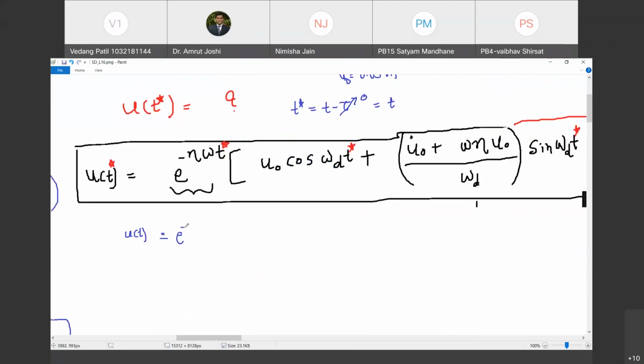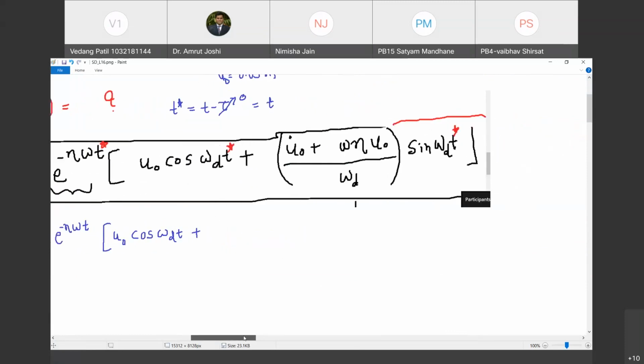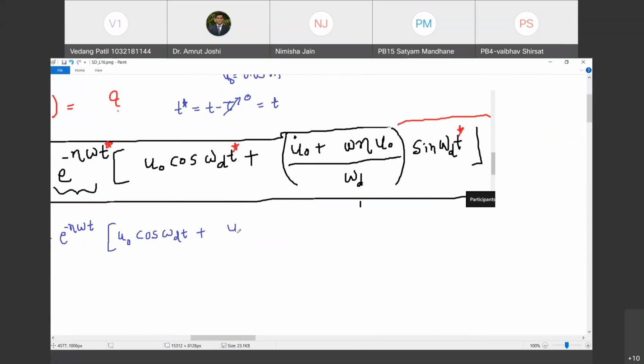e raised to minus eta omega t into bracket u0 cos omega d t, plus u0 dot plus omega eta u0 upon omega d sin omega d t.